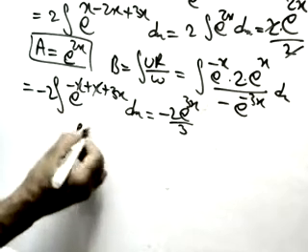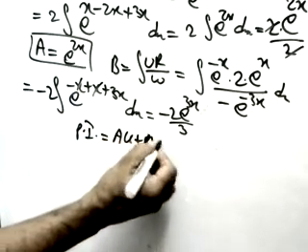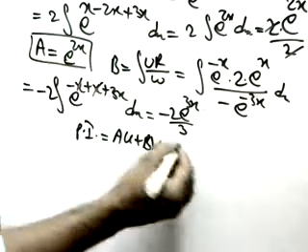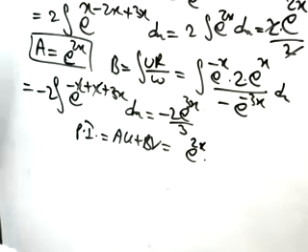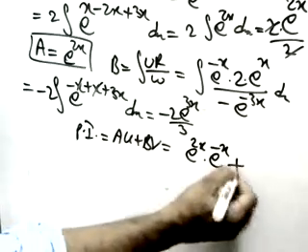Okay, now let me find the particular integral. Particular integral equals A into u plus B into v. The value of A, just now we got, is e power 2x into u. The value of u is e power minus x.